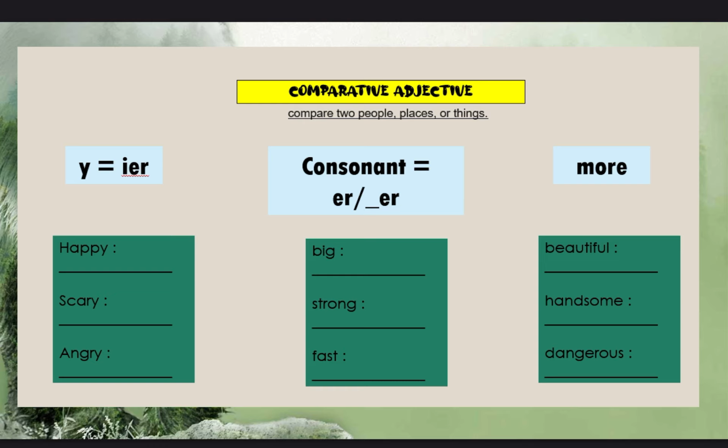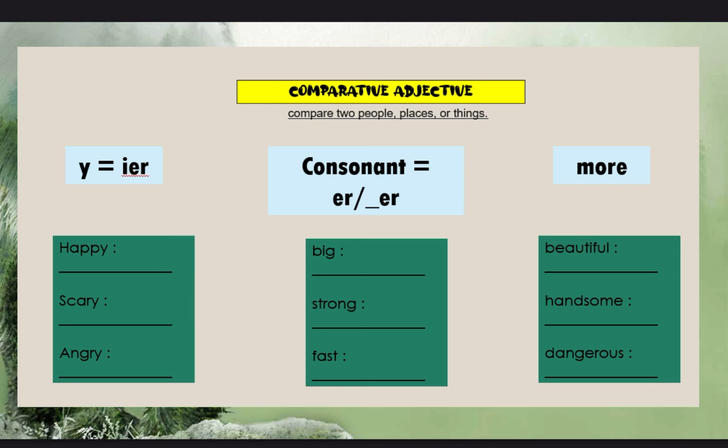You want to compare, awak nak compare kan, bandingkan dua benda ataupun dua orang ataupun dua barang. Okay, so how do you need to compare all those? You need to change the spellings and also add "than" at the back of the words. There are three kinds of ways on how to change the adjective.